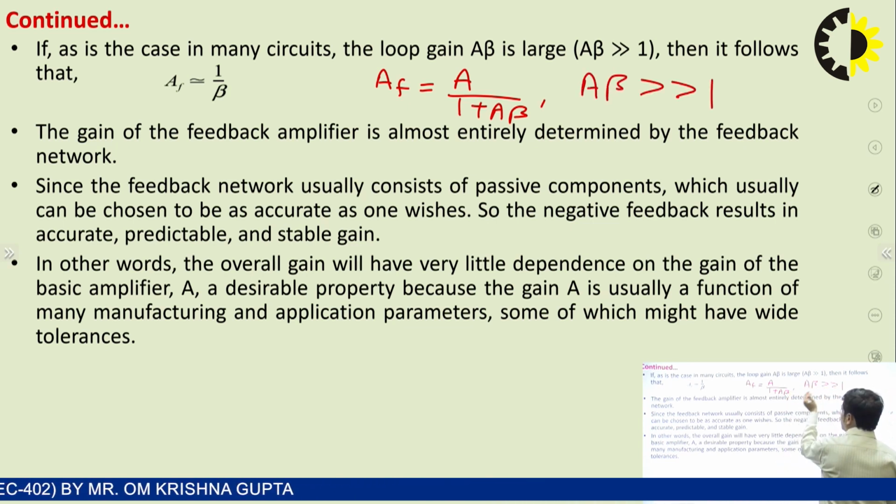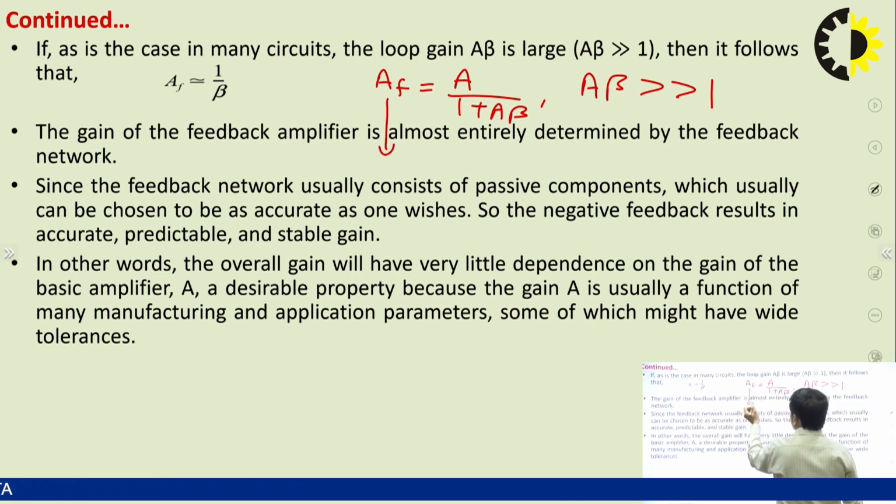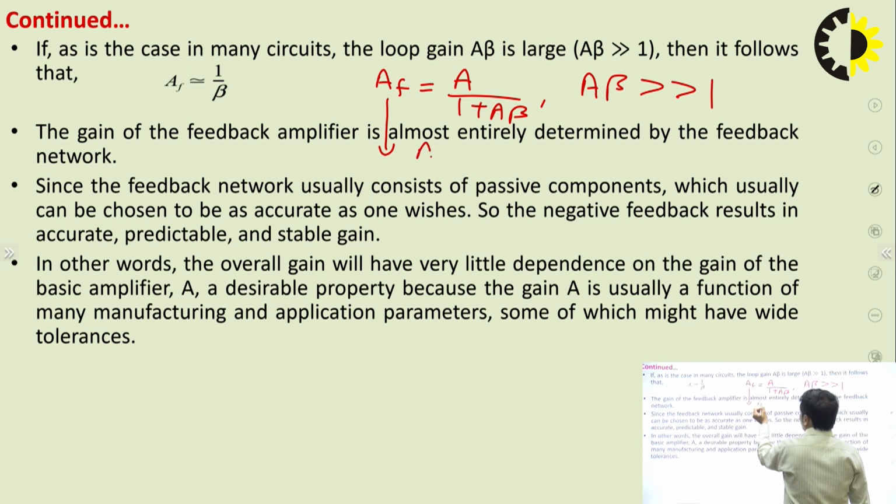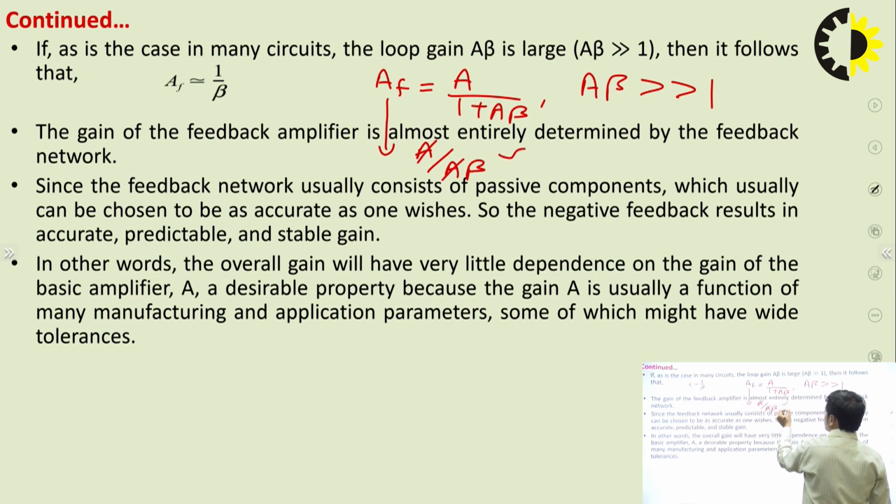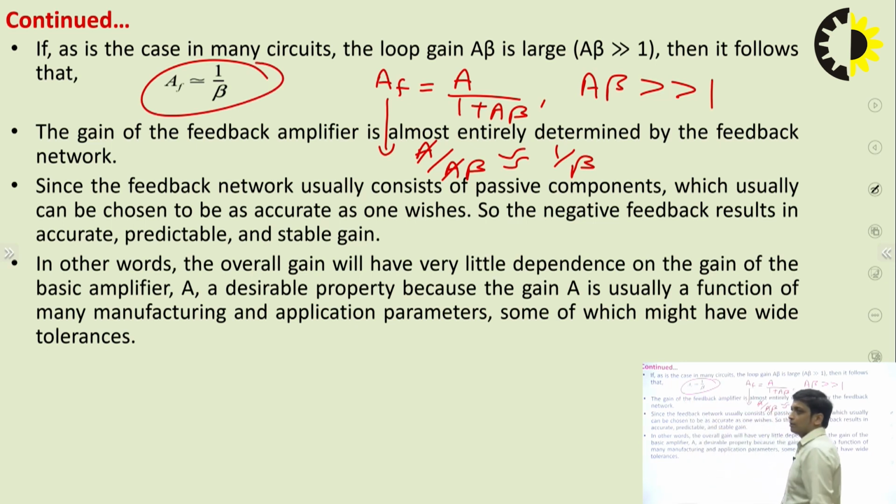If loop gain A beta is very much greater than 1, then AF will be reduced to A upon A beta, because 1 will be ignored, 1 is very much less than A beta, A cancels out, so AF will be approximately 1 by beta. See how we are getting this 1 by beta, because the loop gain is very high. If we consider that assumption in our calculation, then we will get AF is equal to 1 by beta.